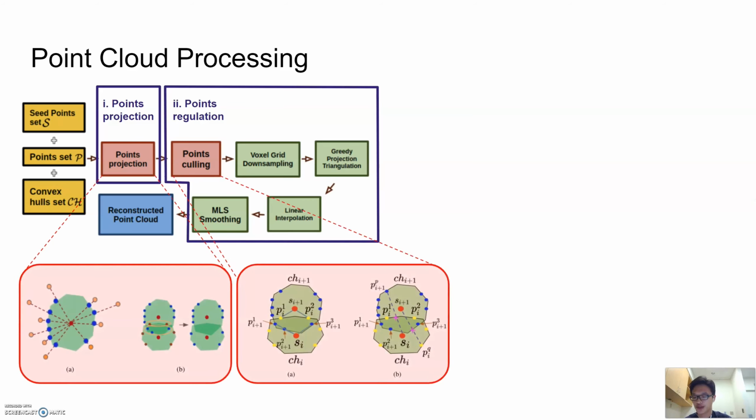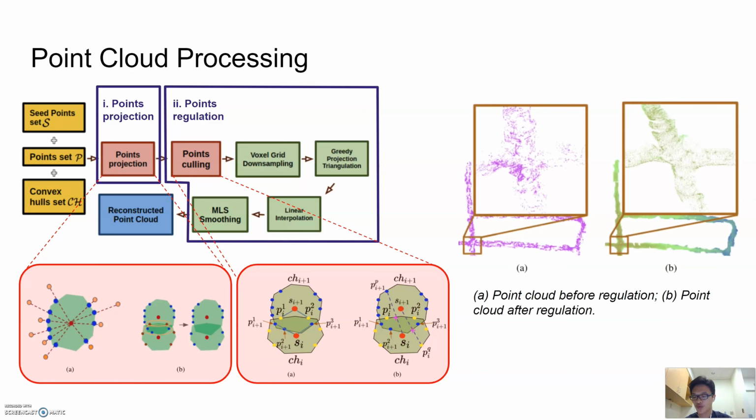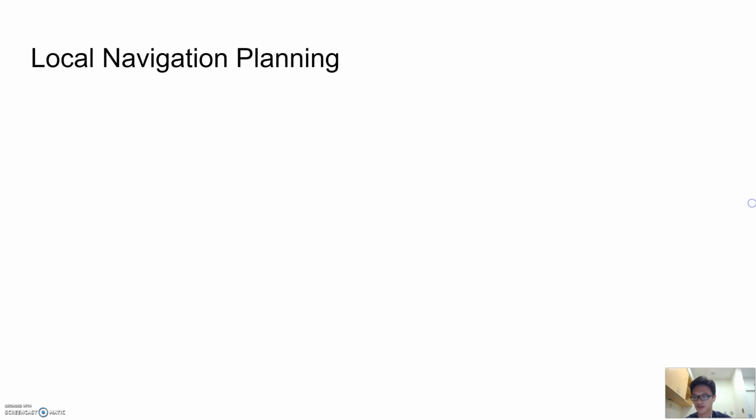Point projection is to project original points onto the surface of extracted convex hulls, while point culling is to cull those projected points falling inside any convex hulls by leveraging the convexity of the hulls. We also show one example of a regulated point cloud using our proposed method in the red pictures.